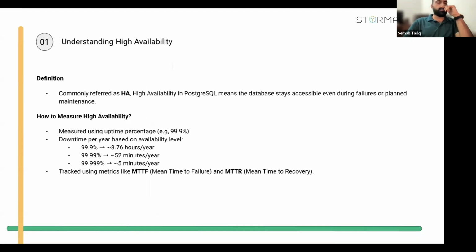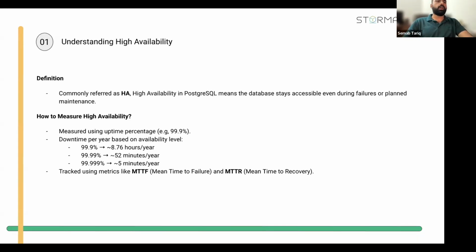So first thing first, of course, let's start with the basics of what is high availability or HA. In context of Postgres, HA actually means keeping the database accessible at all times, even during failures or planned maintenance activities. It shouldn't matter if you are applying patches on your application side or database side, or you are restarting your database service, or you are dealing with some sort of unexpected hardware issues.